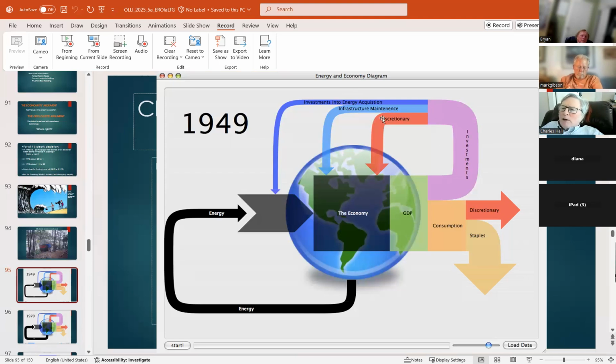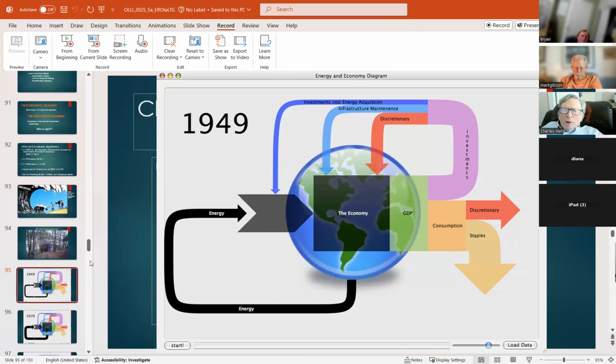And then you have discretionary investments: build a new hotel, a new house. Then there's consumption. Consumption goes into staples, food, shelter, and clothing that you have to have. And then you have discretionary, which is what everybody likes: going out to eat, going to a movie, whatever.